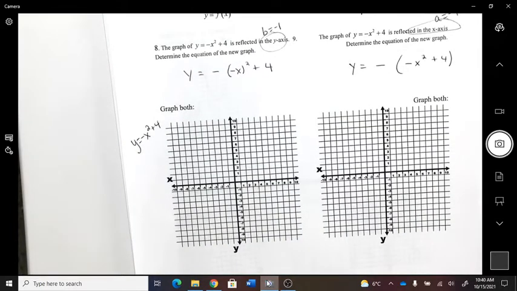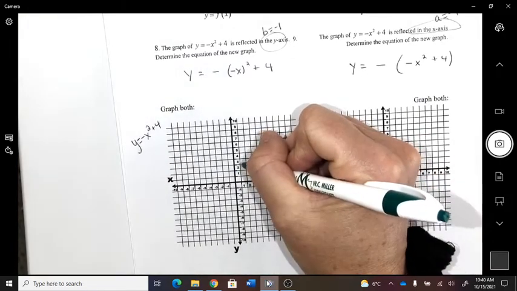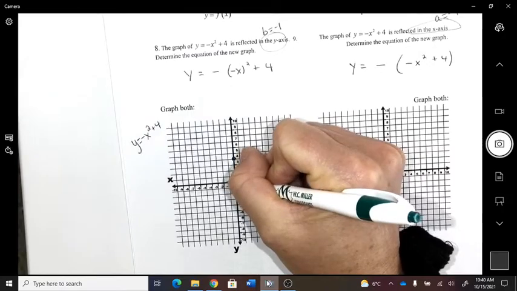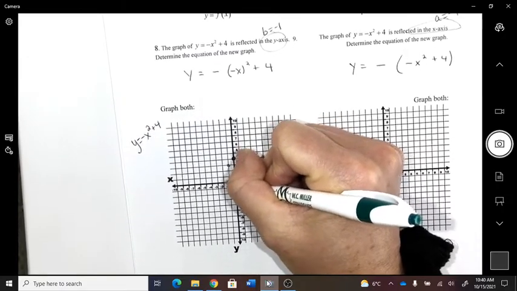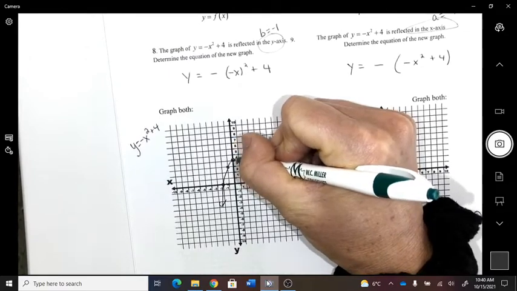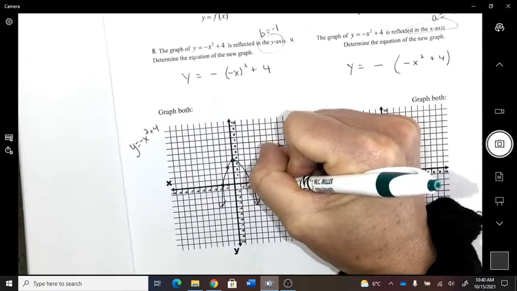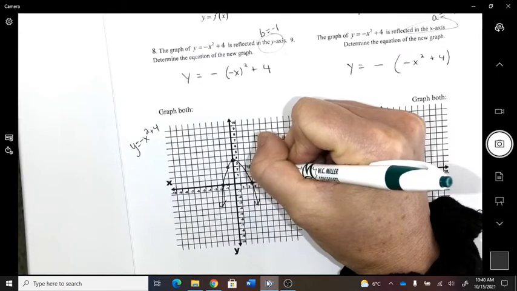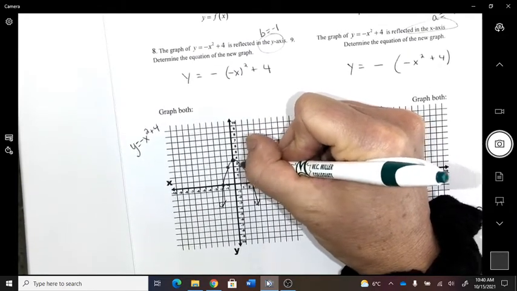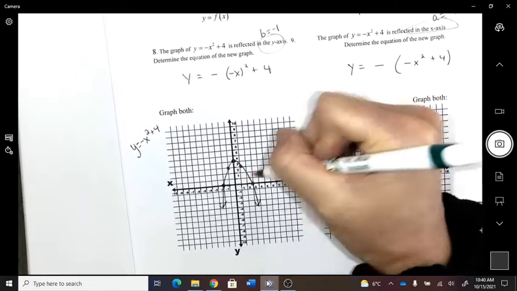It's a shape of a parabola with a y-intercept of 4, and it's heading in which direction? Heading downward.